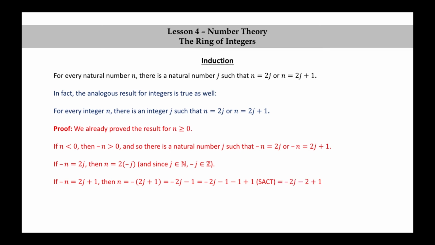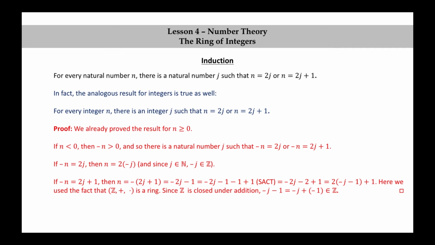And now I combine what I need. So we get negative 2j minus 2 plus 1, which is equal to 2 times negative j minus 1 plus 1. Here we use the fact that Z with plus and times is a ring. And since Z is closed under addition, negative j minus 1 is equal to negative j plus negative 1, which is an integer.